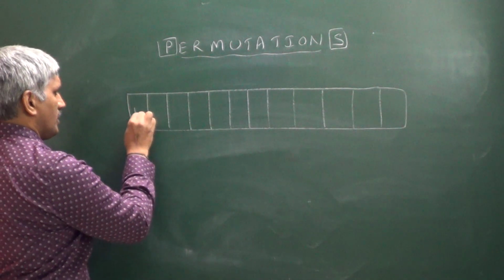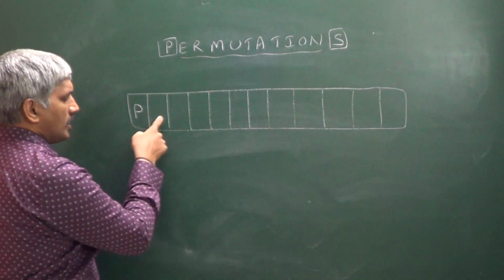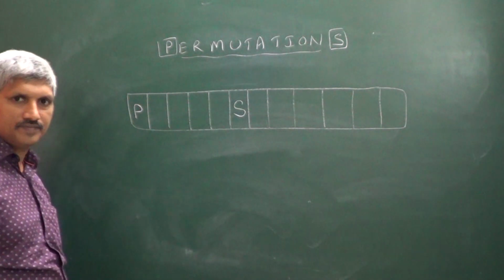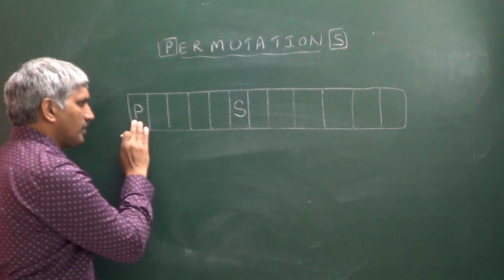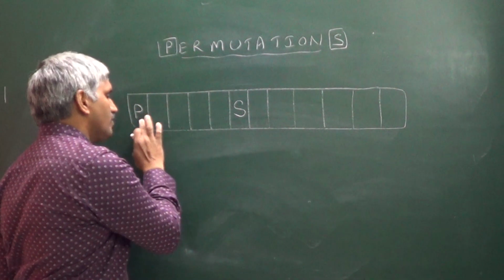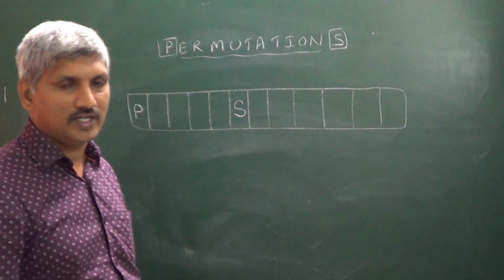Suppose here we are filling P, then 1, 2, 3, 4 gaps, and here there must be S. Between P and S there must be 4 letters.